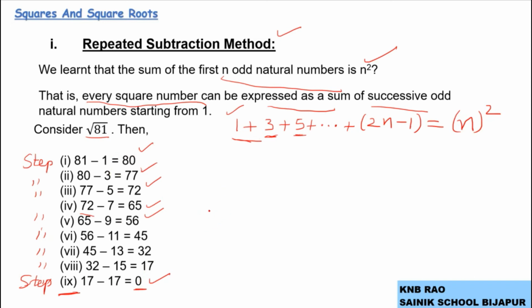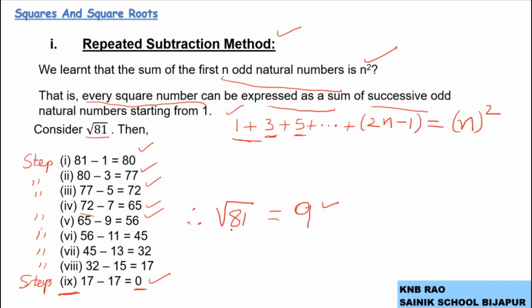And at which step we got this difference as 0 tells us the square root of the given number. So the square root of the given number is 9, because we got 0 as the difference in the ninth step.